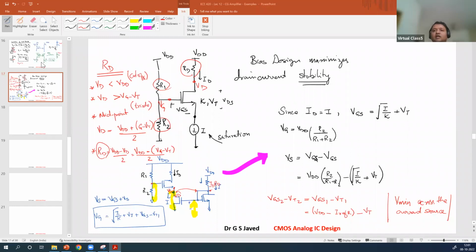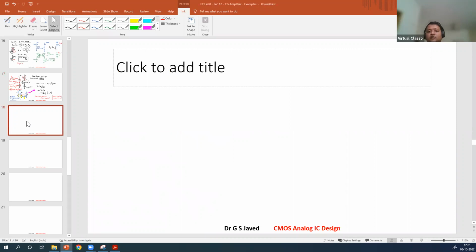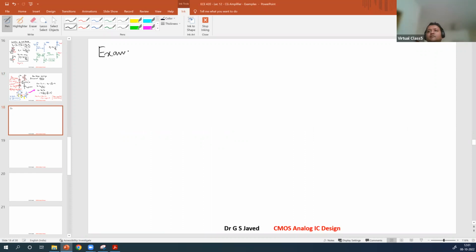Now let us do an example and then close today's session, just to understand how much calculation and iteration might be needed. So let us do an example. Determine the proper values of R1, R2 and RD.